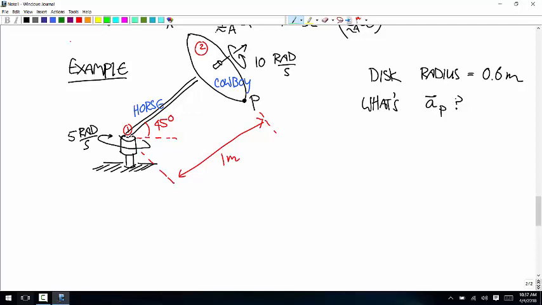Either way, we're going to have to deal with one that's not aligned with a coordinate axis. If we choose one like this, the horse, body 1, is rotating around our y-axis, and this one's rotating around a tilted axis. Okay, so the coordinate system is, let's do it like this.